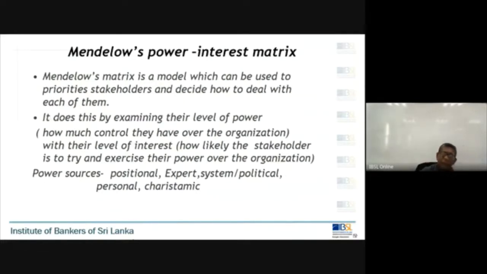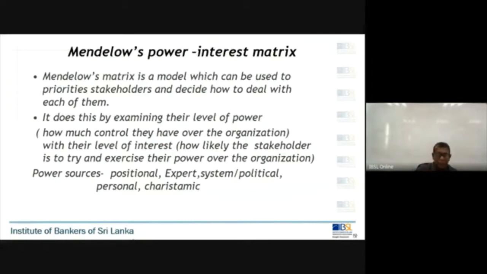Now, what does the power interest matrix developed by Mendelow talk about? It's a quadrant model, like BCG. It can be used to prioritize stakeholders and decide how to deal with each of them, based on their power and their interest in the organization.